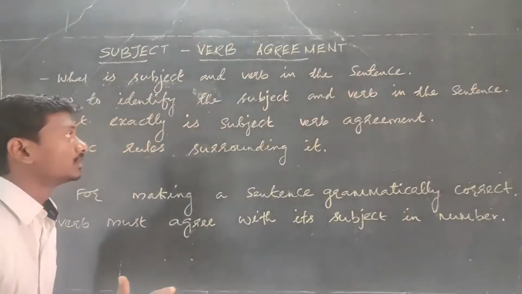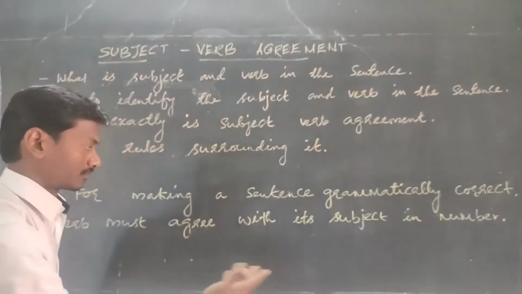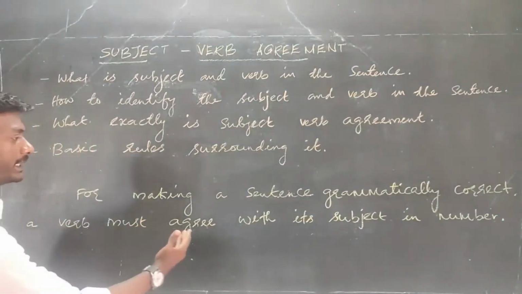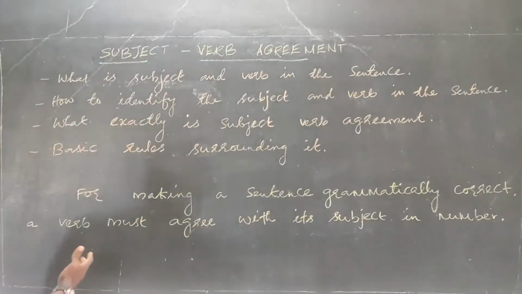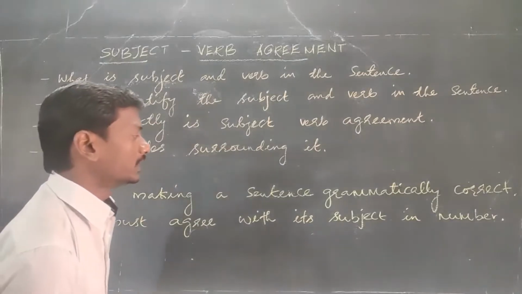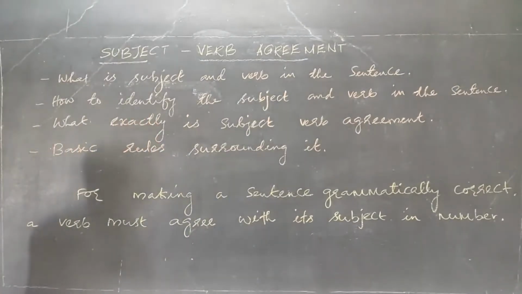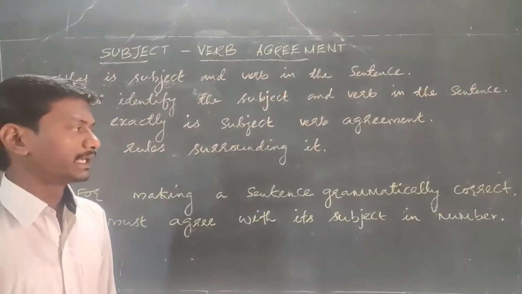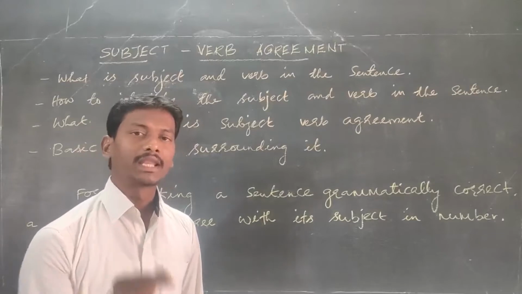First of all, what is subject-verb agreement? For making a sentence grammatically correct, a verb must agree with its subject in number. When we make a sentence, it should be correct.